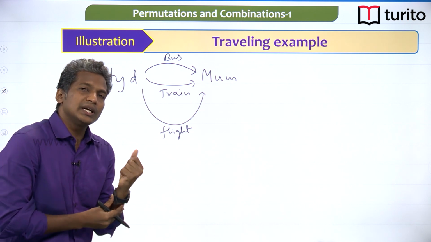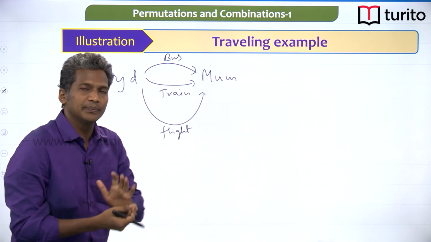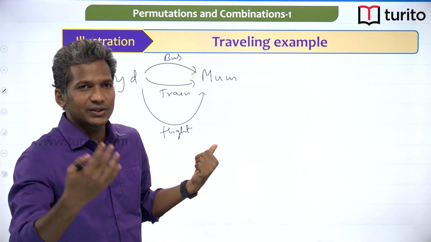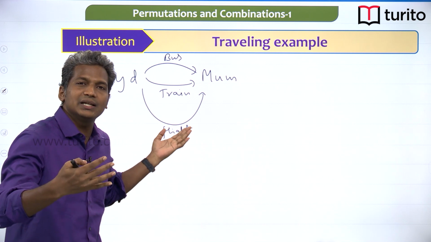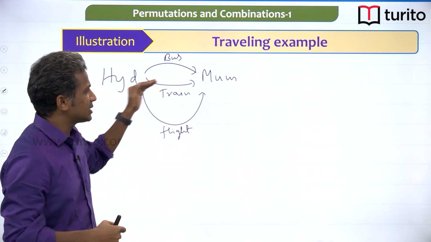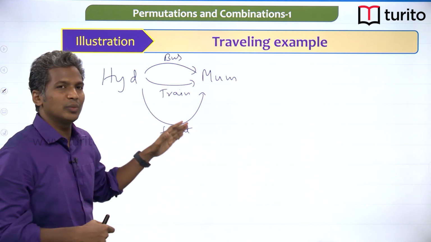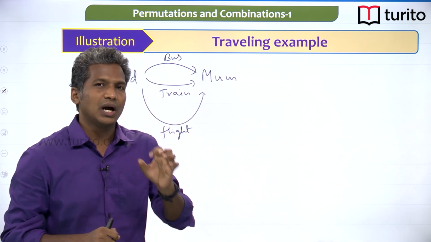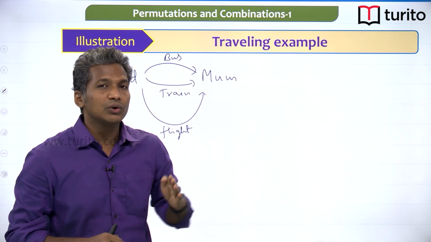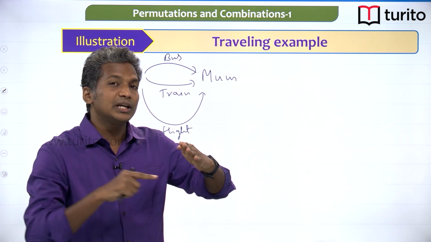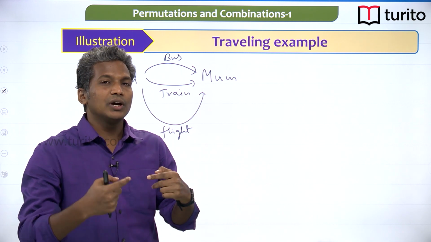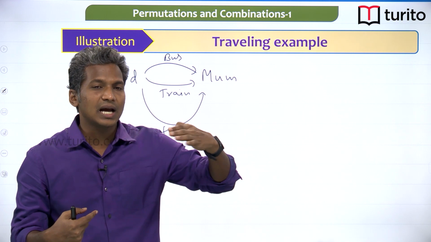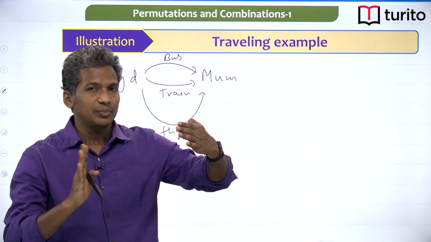In how many ways can you travel from Hyderabad to Mumbai? With common sense you might get that it is 3 ways. Either you go by bus or by train or by flight. Of course 3 is the right answer. Understand here that if you are going by bus, you will definitely not go by train. If you are going by train, you will not go by flight. So, if one event is happening, the other is not happening.